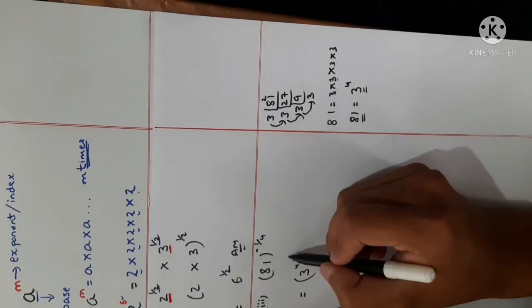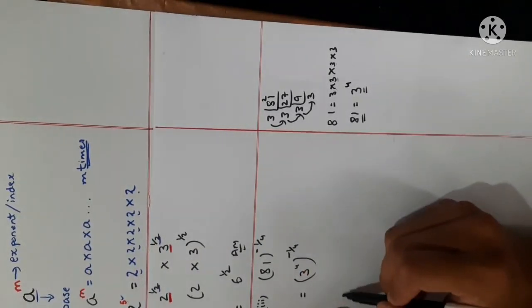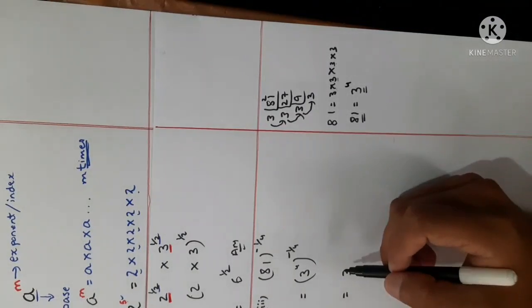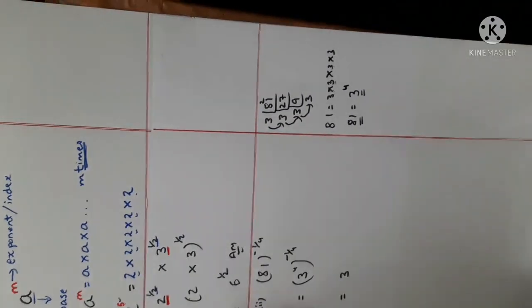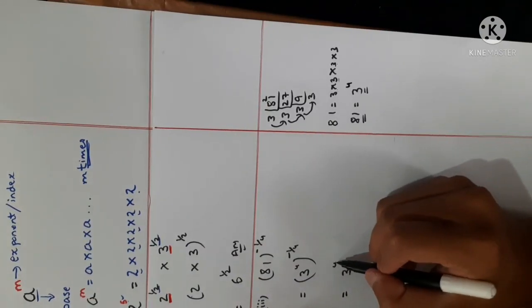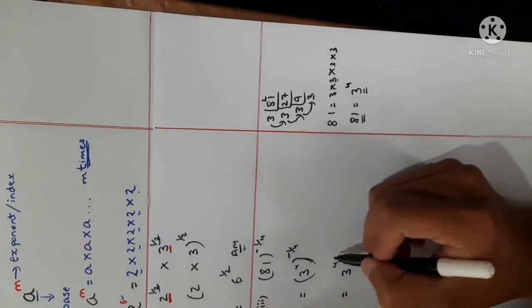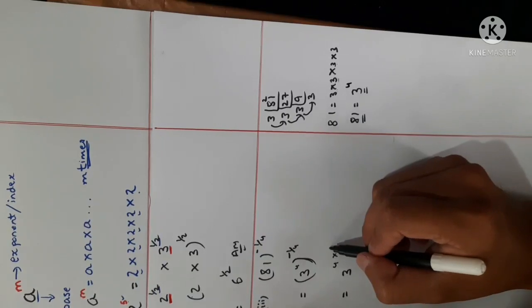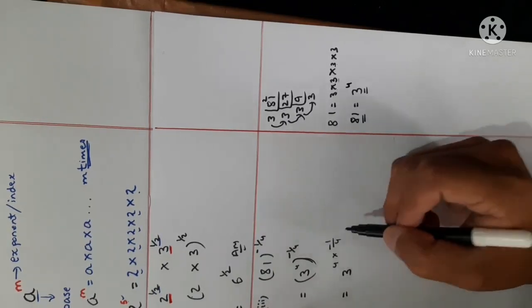Next, we write the power minus 1 by 4. So here, what do we do? We first open up the bracket. We have to multiply minus 1 by 4.